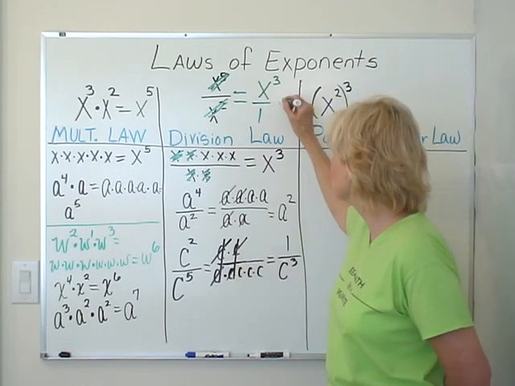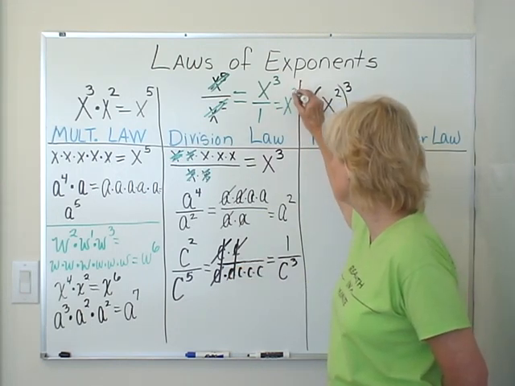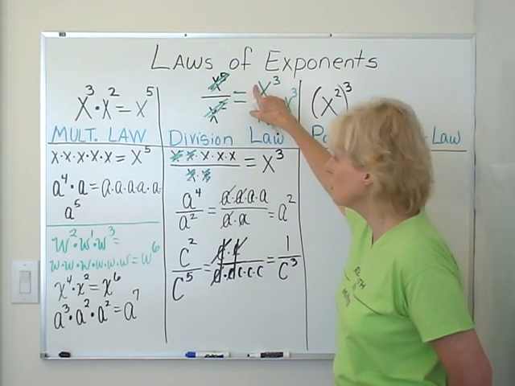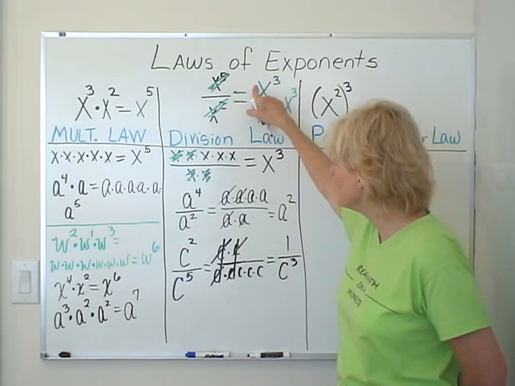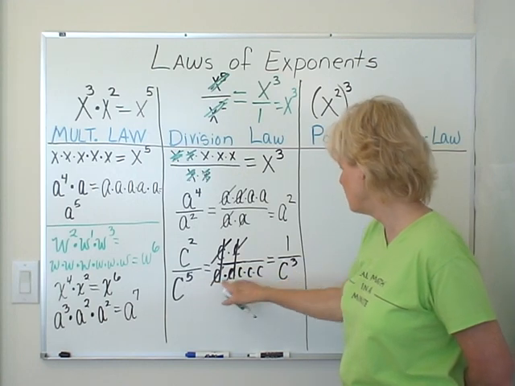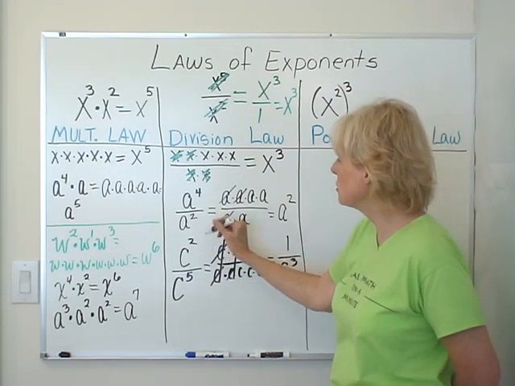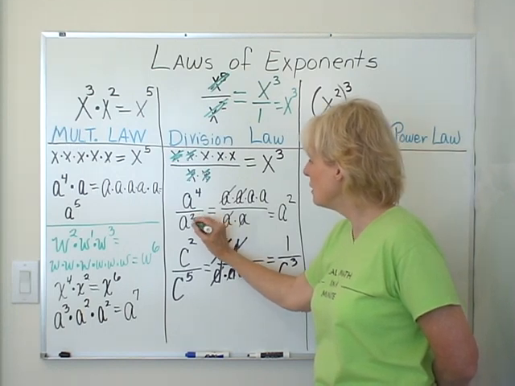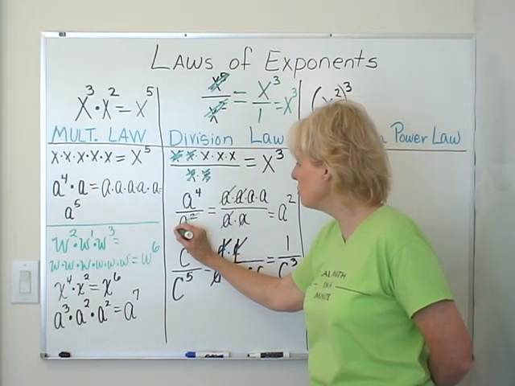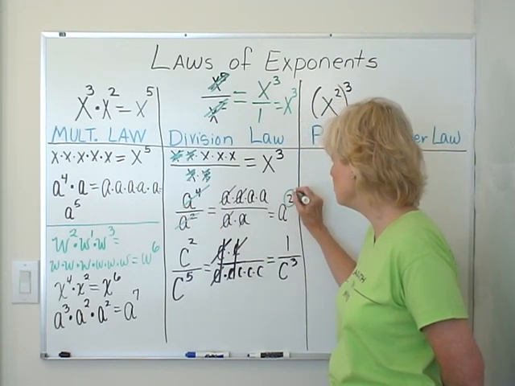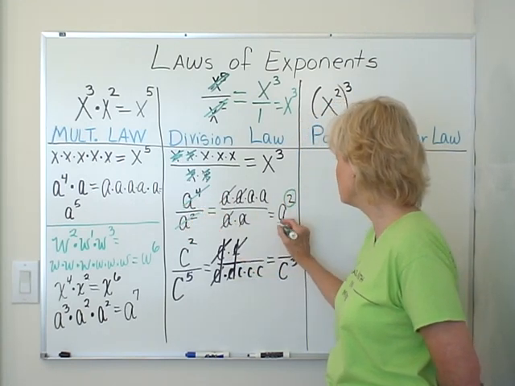X to the third over 1 is x to the third power. So if the bigger exponent is on top, they're left on top. If the bigger exponent is on bottom, they're left on bottom. So when we did this one, we could have just said, hey, let's just cancel these 2 completely gone with 2 of those, and that will leave us 2, and they're on top, there's nothing on the bottom.